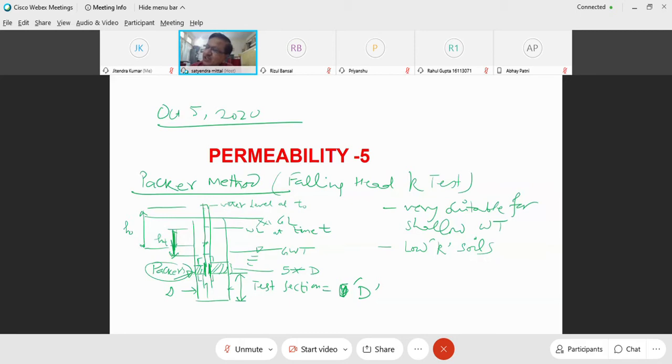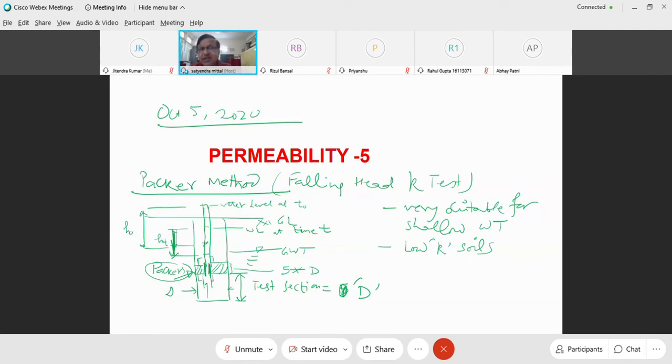Same is here. The moment you fill up this tube and cover it with your thumb, water will not fall down. Then you set your stopwatch and let it go down to some level. You note down that in time T, which can be 15 seconds or 20 seconds, you take 5, 6 readings of how much water goes down.